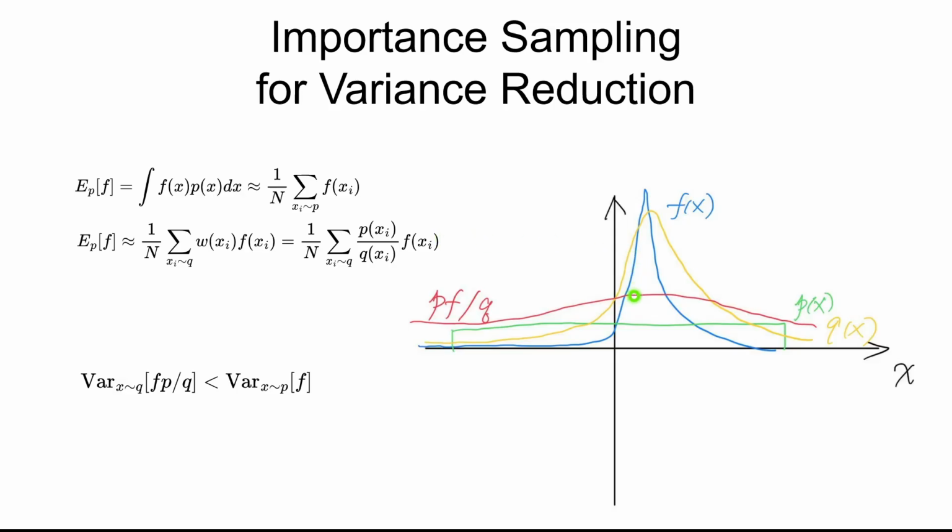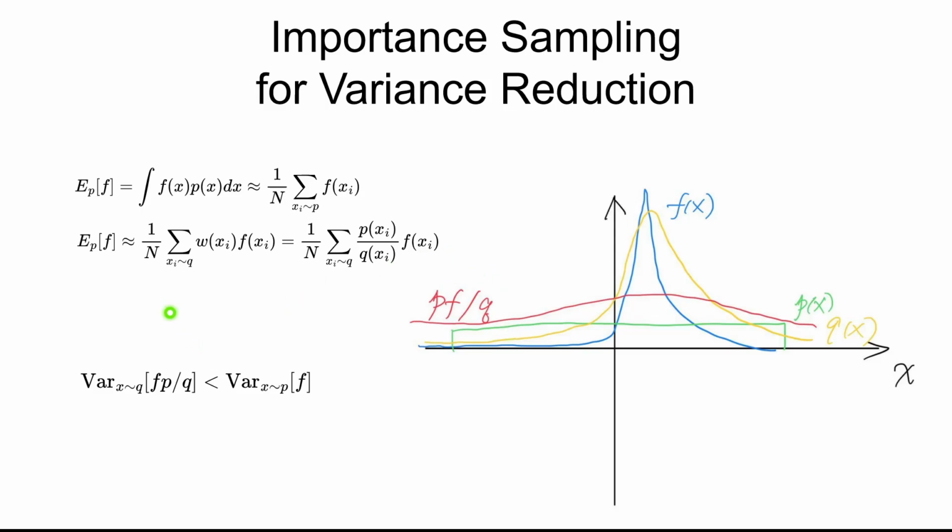But if these 3 points are sampled in this high value peak, then the expectation will be very high. So that means that the selection of samples will cause a big difference in the expectation estimation. So the estimation will have a very big variance in this case.